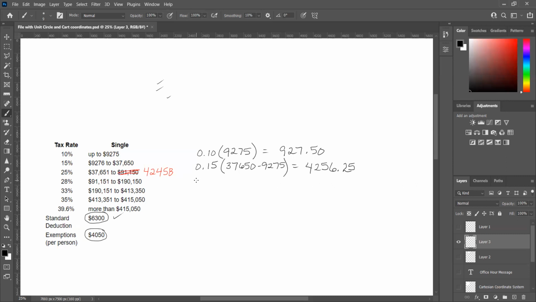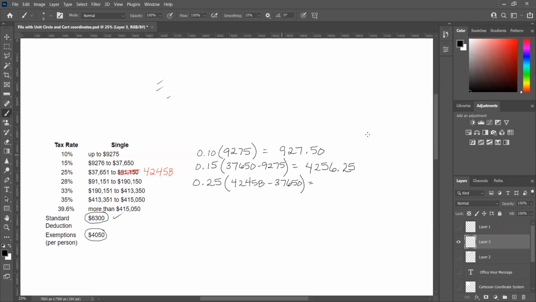And then I'm going to take 25% of my total taxable income minus 37,650. Figure out that last bit. So 0.25 times the quantity 42,458 minus 37,650.